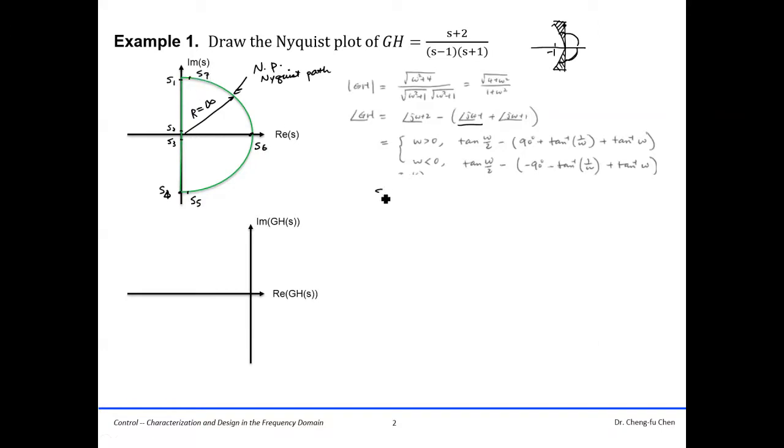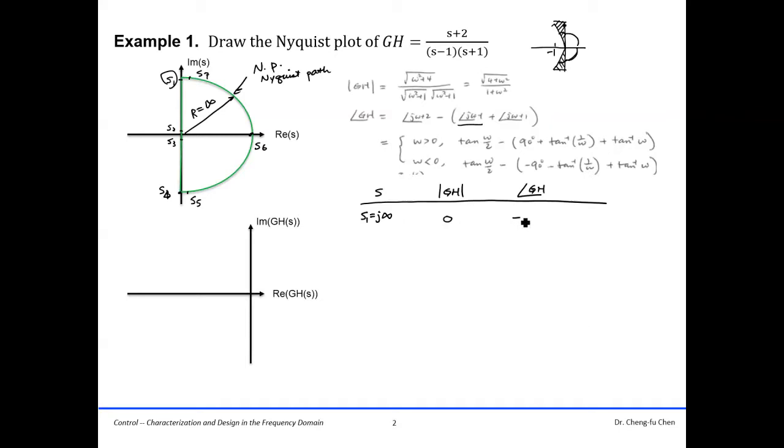Okay, so here we make the table, and this is the magnitude, and this is the angle. For the first sampling point S1, that is at j infinity, for this point here. Under this situation, we plug in the magnitude equal to 0, and for the phase angle we plug in omega equal to positive infinity, and plug into this equation here.